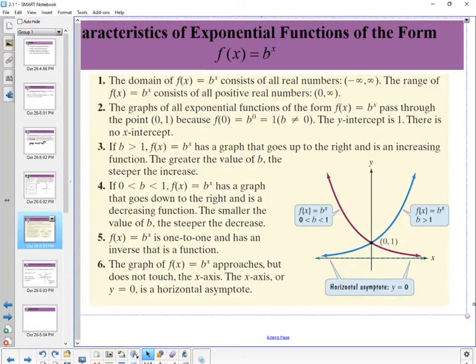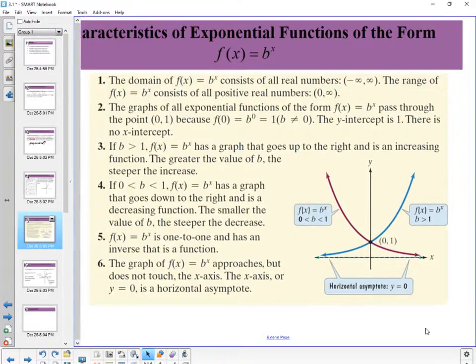Characteristics. So here's what I was talking about. Notice that you have this blue curve up here, right? That blue curve is where all of your b values are greater than 1. If your b values are between 0 and 1, then you're going to end up with the red curve.